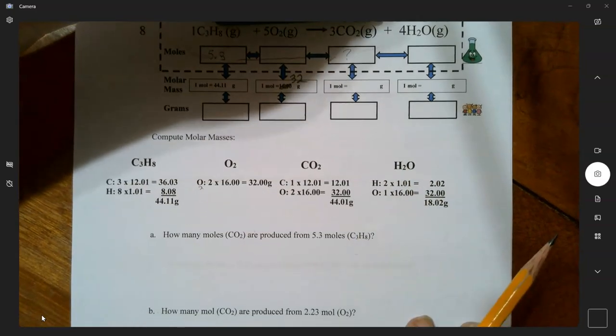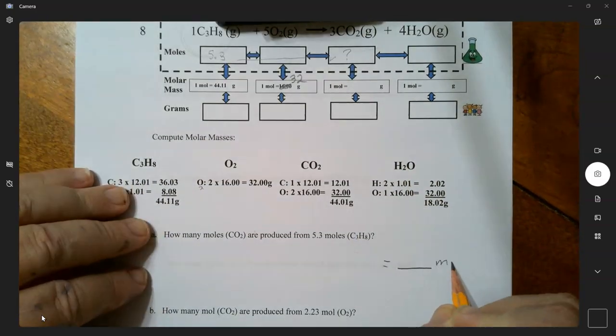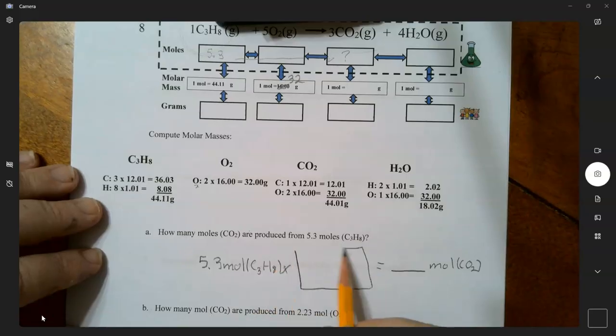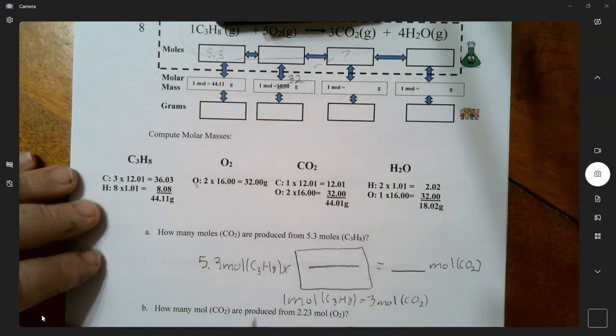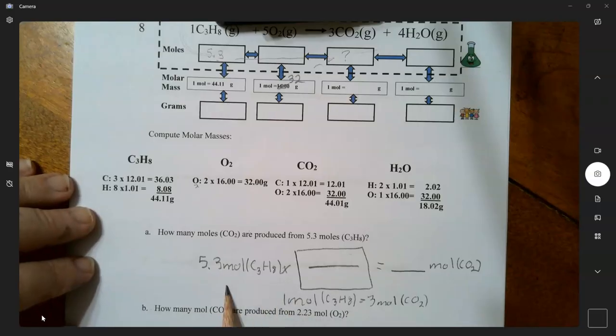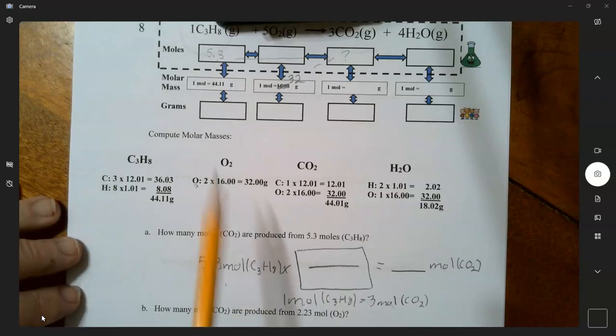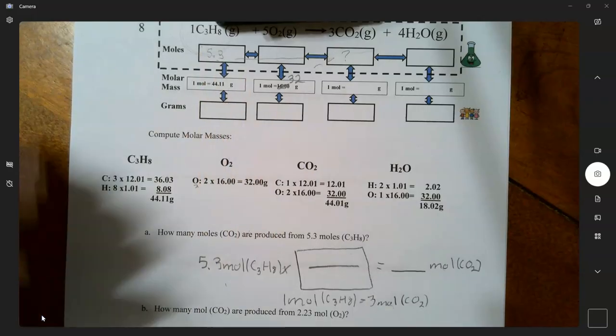So let's set up the equation and do that. Okay, there we go. So it's one arrow, one conversion. We start at 5.3, we end up at the number of moles of CO2, and there's our equivalency straight out of the chemical equation.